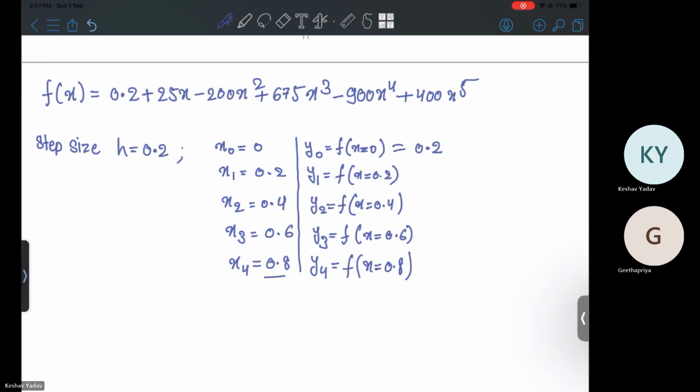0.8 multiplied by 0.8 plus 675 multiplied by 0.8, multiplied by 0.8 three times, 0.8 minus 900 multiplied by 0.8 to the power 4.